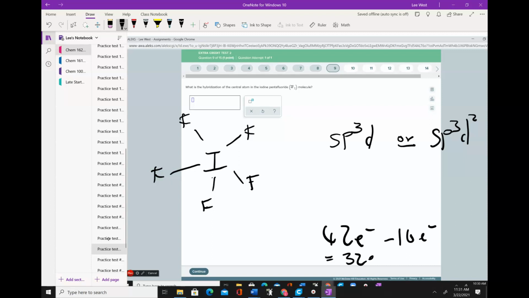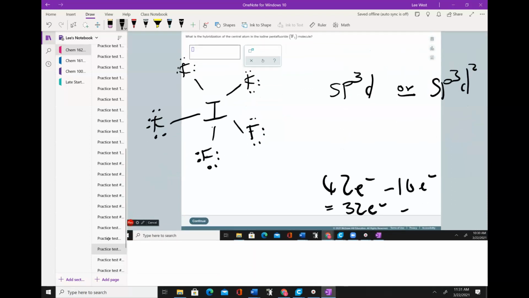So I've got 32 electrons remaining to finish everything off. So then I'm going to put 6 on each of the 5 fluorines. There we go. All right. So that's going to use up 30 electrons, isn't it? 6 times 5, and that leaves 2 left over. So the 2 have to go on the iodine.